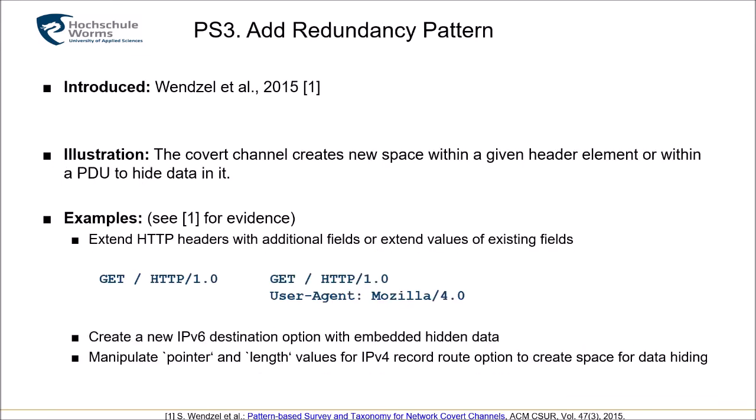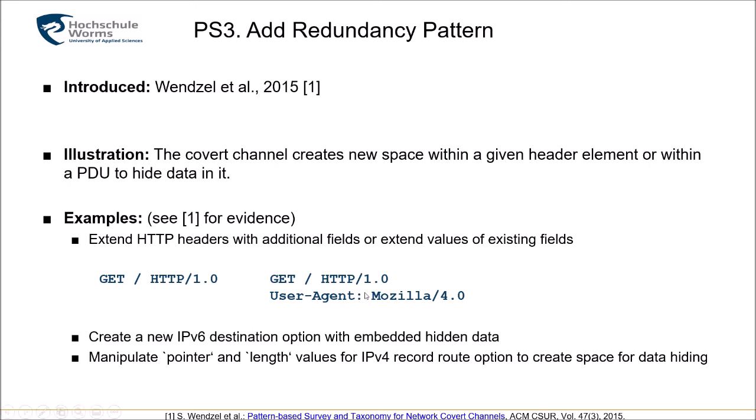Add redundancy is a very basic pattern where the covert channel creates new space within a given header element or within the PDU to hide data in it. So you add more data, you make the packet larger, but you do not count the number of elements. You count the pure adding of data that is not essential.